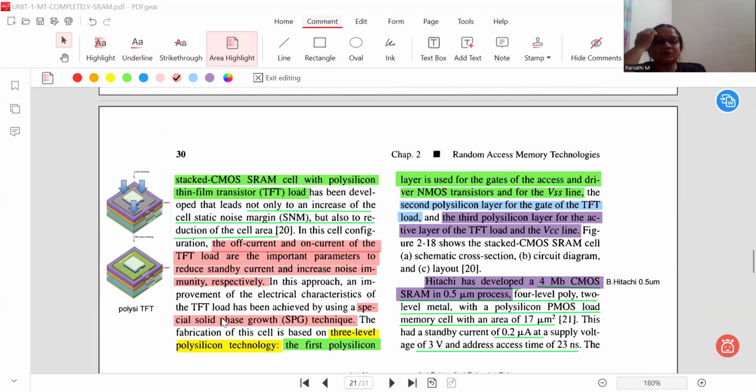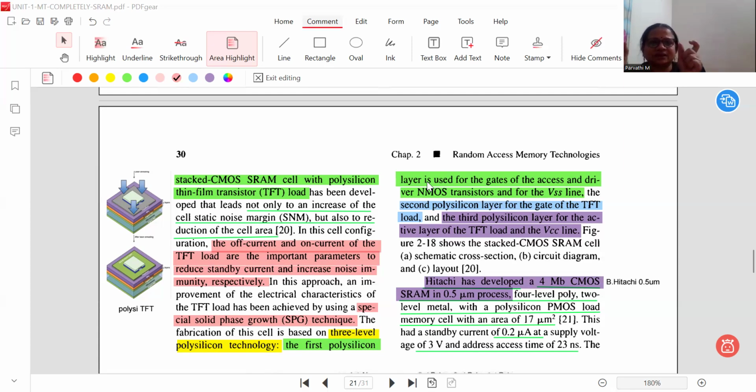For the fabrication of the TFT, we require three-level polysilicon technology. The polysilicon is stacked, as we just mentioned. So the first layer of polysilicon is used for the gates of the access transistors and driver transistors.